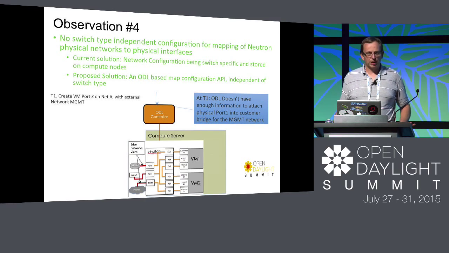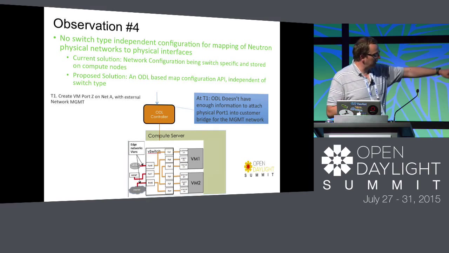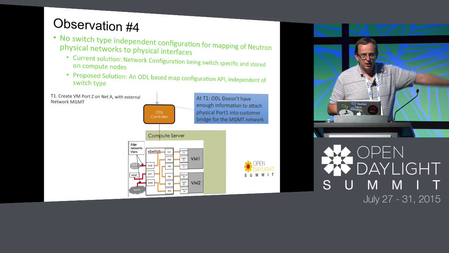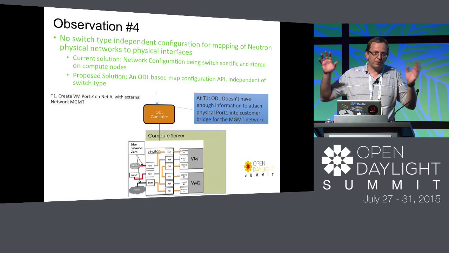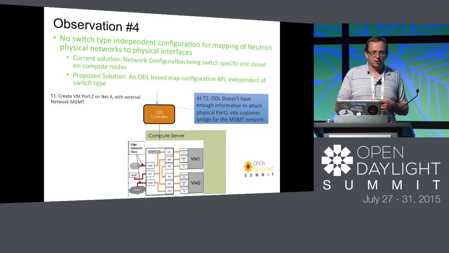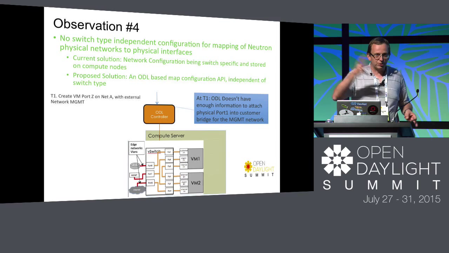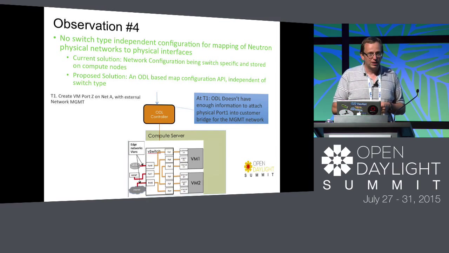Yes, well, in this particular case, yes, we've had other virtual switches as well. And it's the same, I mean, every device that has a need to map a neutron network to some interface on which it wants that network to talk needs this information.